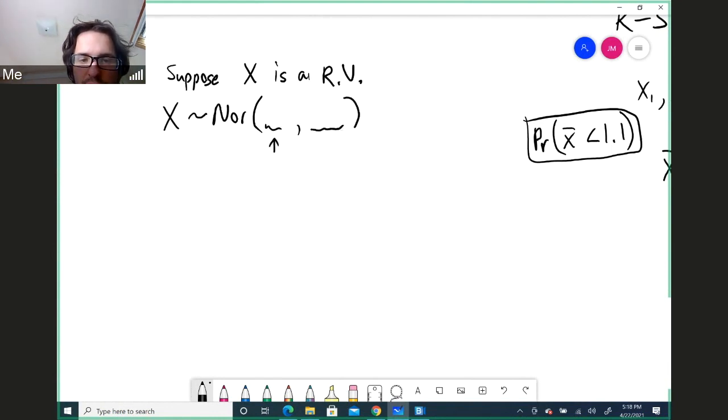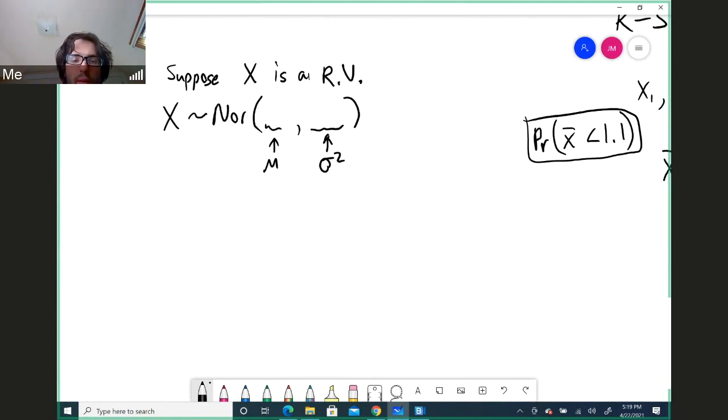Whatever is first is the parameter of the normal distribution representing the mean, the parameter mu. Whatever is second is the parameter sigma squared of this normal distribution.